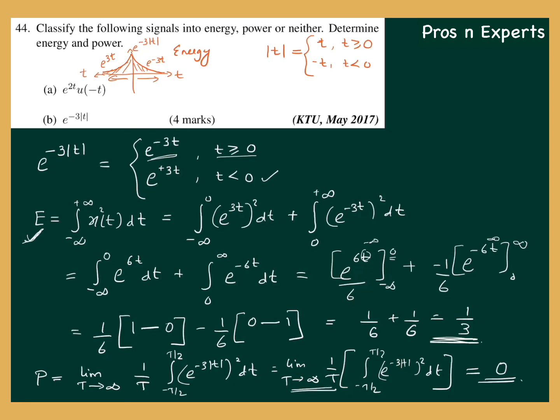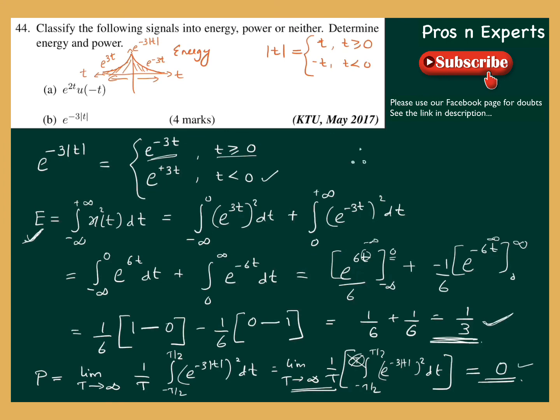So power is 0. What we are facing is that energy is finite and power is 0. Therefore, the signal e raised to minus 3 mod t is an energy signal with energy equal to 1 by 3. That's the final answer.